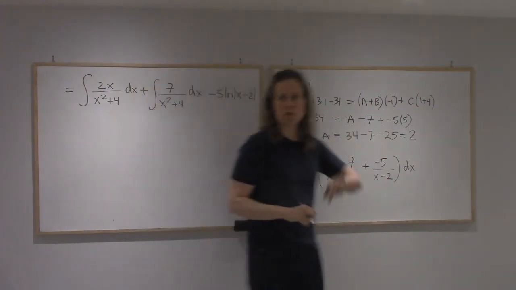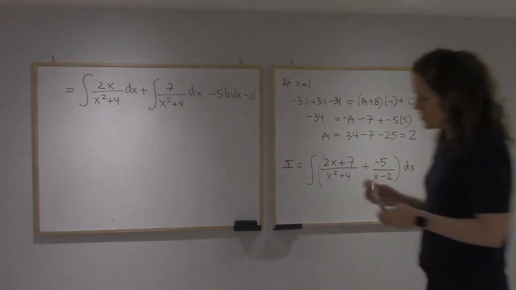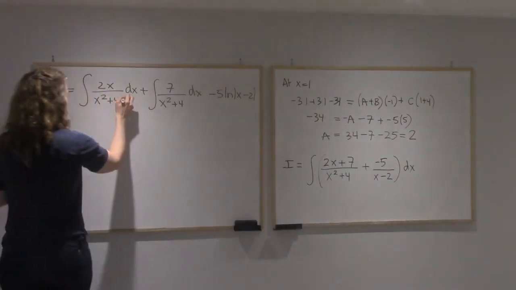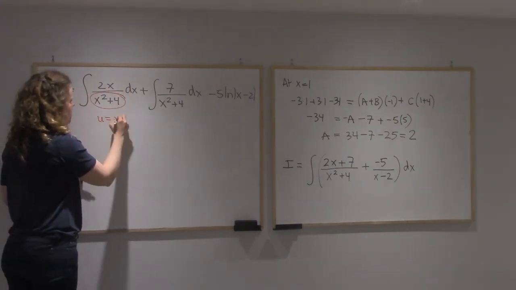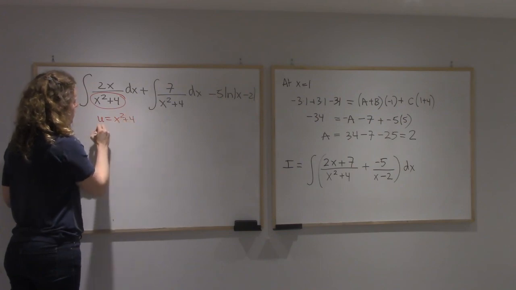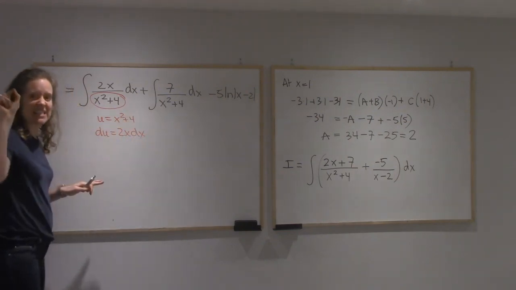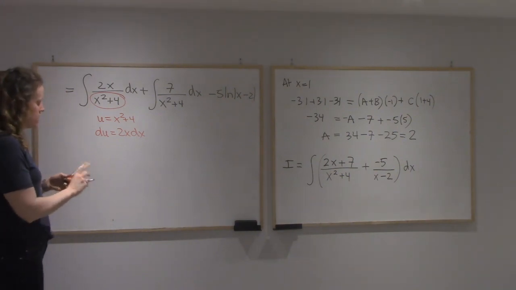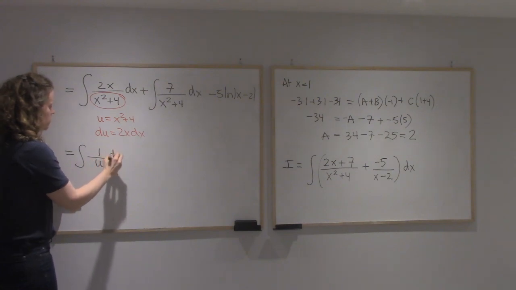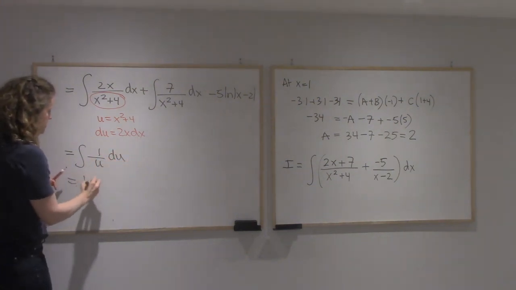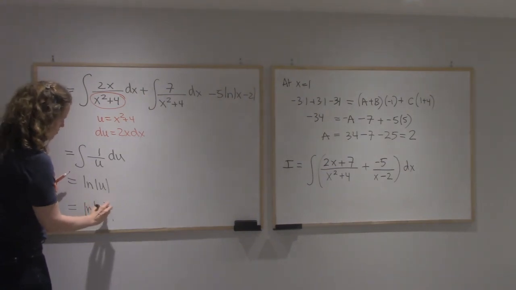And the last one we know, so that's no issue. For this one, we said we should use substitution. If I have an x dx, then the substitution u equals x squared plus 4 will work. Du will be 2x dx. That's exactly what I have on top, so this is simple. I'll have 1 over u du, and that part is going to give me log of u, which is log of x squared plus 4.